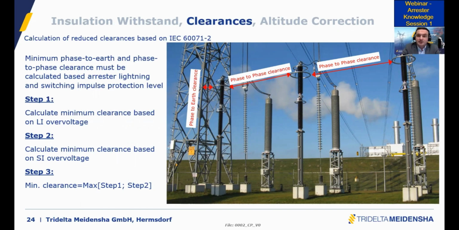An important note here is that the higher the voltage, the higher is the difficulty to reduce the clearance for phase-to-phase. The reason is that when you are doing a calculation phase-to-phase, you are considering the lightning impulse on one side or the switching impulse on one side, and on the other phase, you need to consider the peak value of the system. So you need always to consider the worst case scenario.